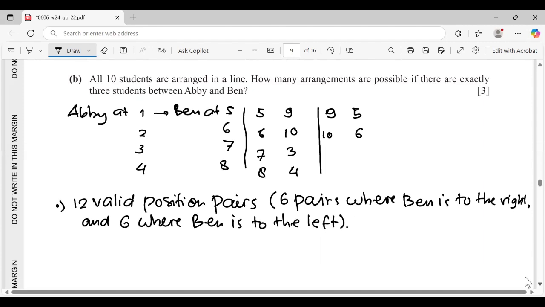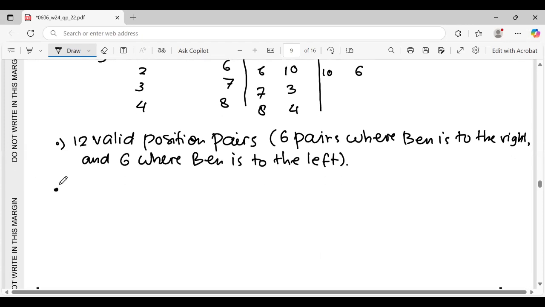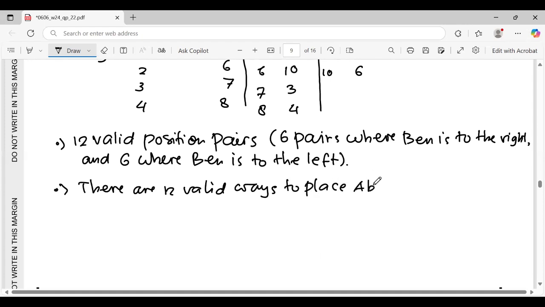So there are 12 valid ways to place Abby and Ben with 3 students between them.